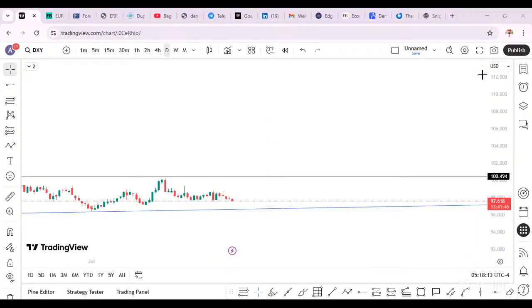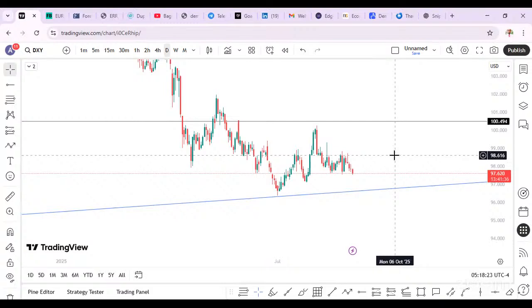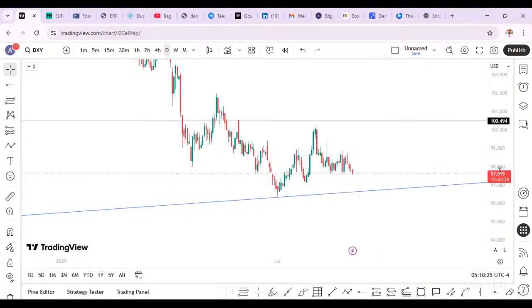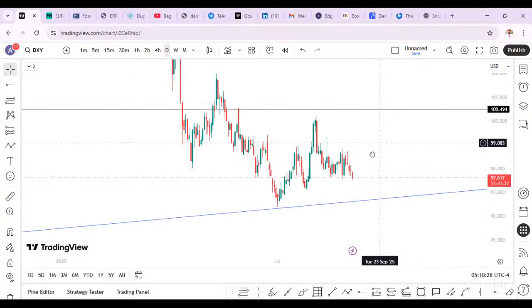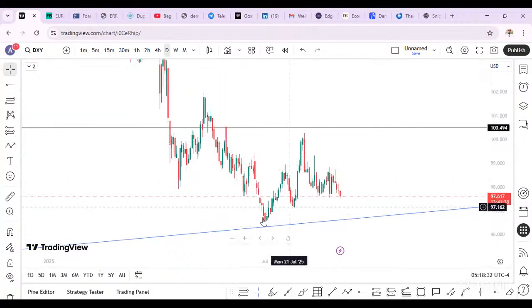So everything is just building up for those markets. So come to daily. You can see even on daily, we don't really have a clear direction. There's nothing to trade on daily for dollar now, guys.